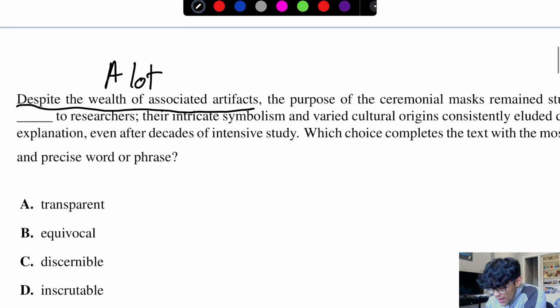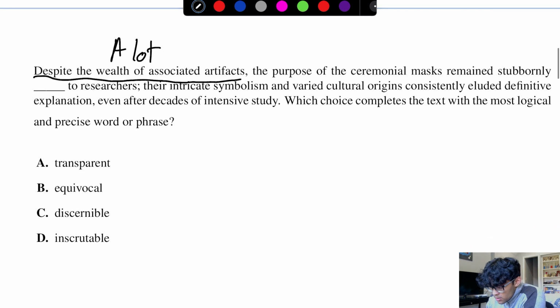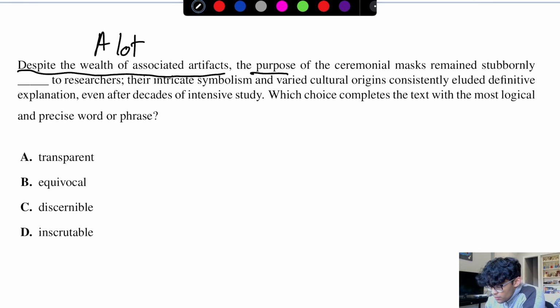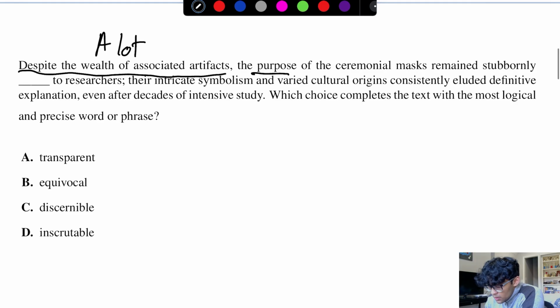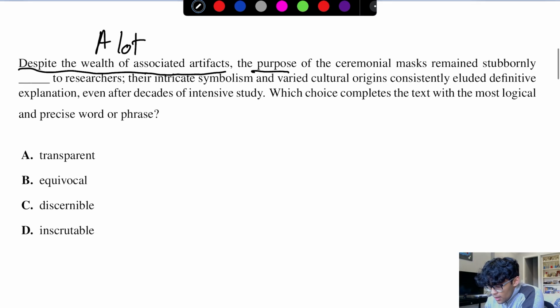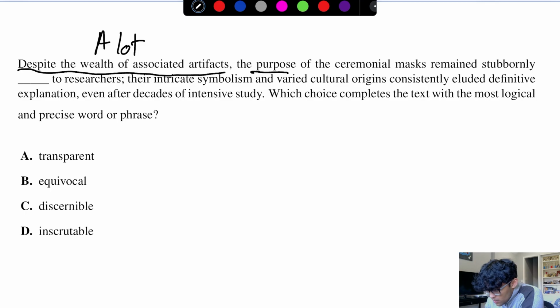So, despite the fact that there were a lot of these artifacts, the purpose of these ceremonial masks remains stubbornly blank to researchers. And the second sentence, their intricate symbolism and varied cultural origins consistently eluded definitive explanation. Okay, so basically it's saying they had a lot of these artifacts, but they still couldn't figure out the purpose behind them.